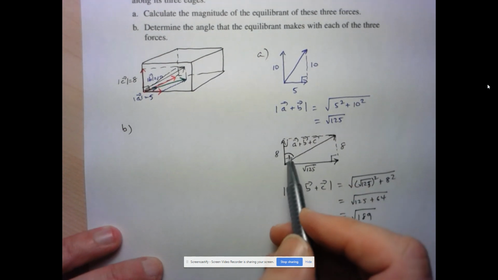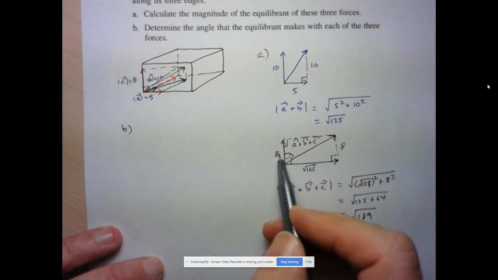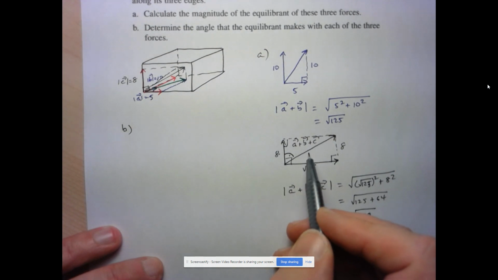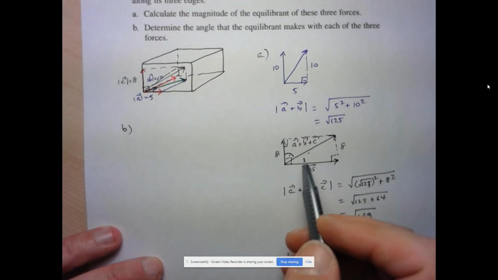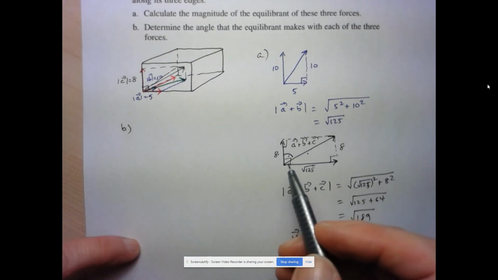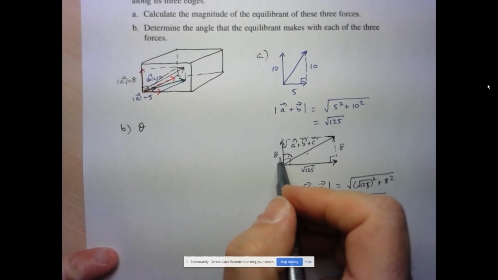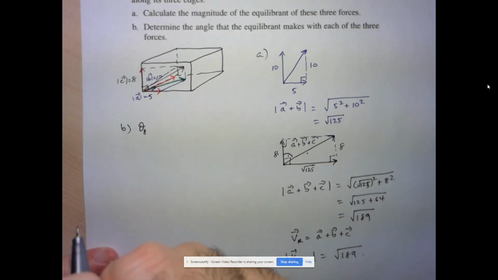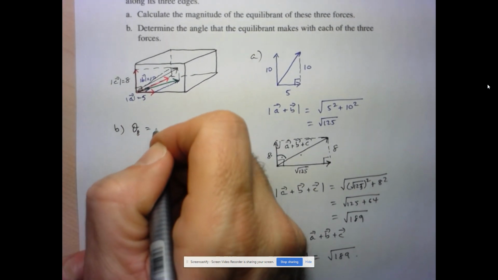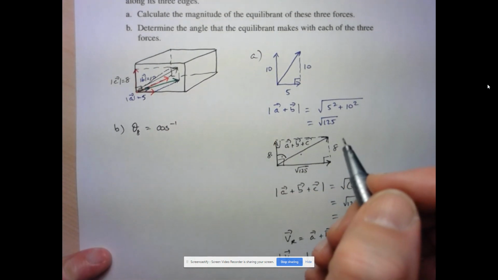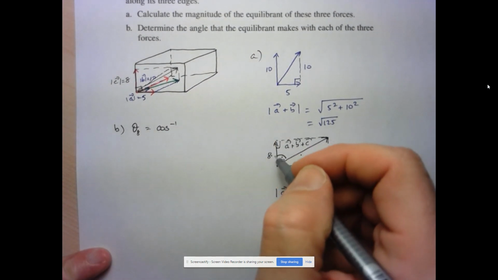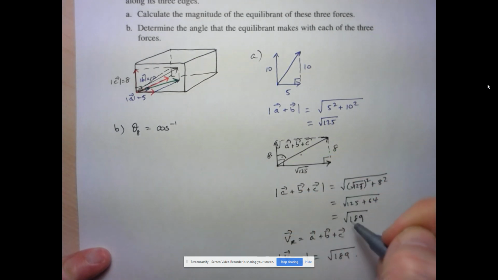If I look at this angle here, this represents the adjacent side, and the resultant vector represents the hypotenuse. So if I want to find the angle to the 8 Newton vector, I'll call this theta 8. Well, that's just going to be cos inverse of adjacent over hypotenuse, which is 8 over the square root of 189.